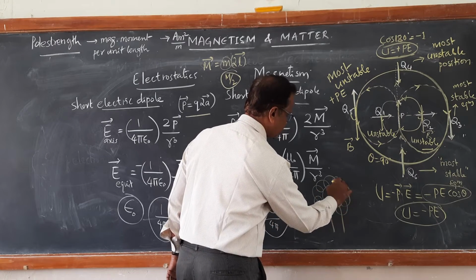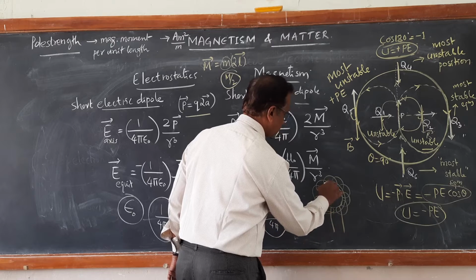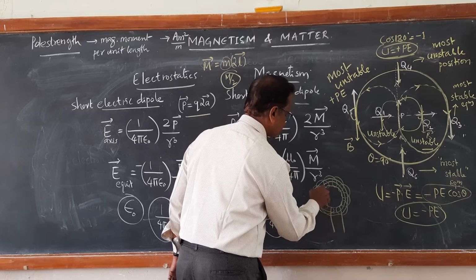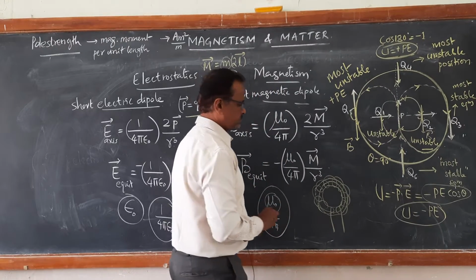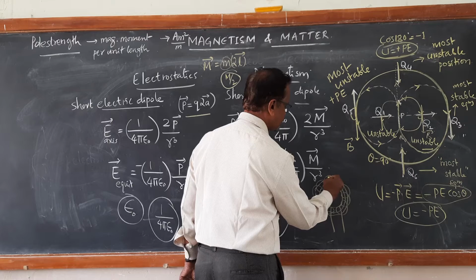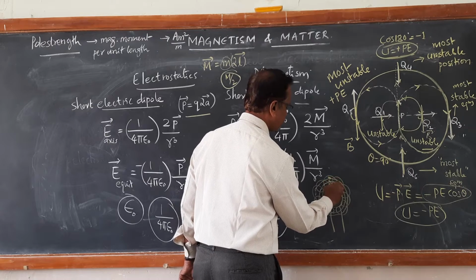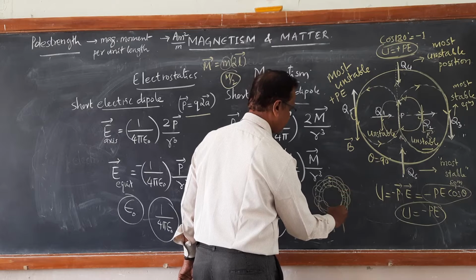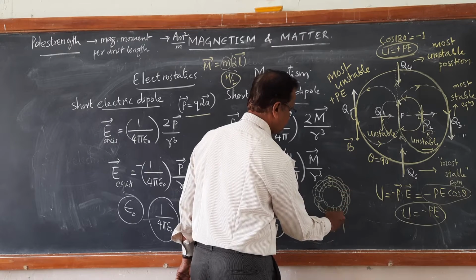Circular magnetic field lines are confined within the space, right? Then, depending on the current, we can draw the direction of these magnetic field lines, let us say in the clockwise sense.